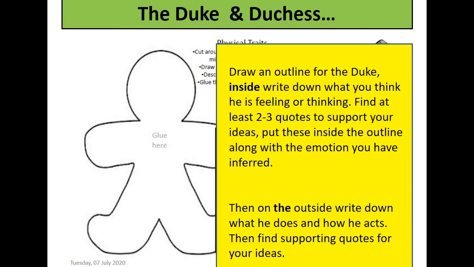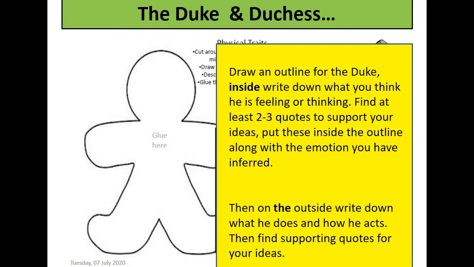So now I want you to write the subheading, the Duke. Those of you who have me this year will be used to doing this, because we've done it a couple of times. This should take at least half a page, so pay attention. You're going to draw the outline of the Duke.